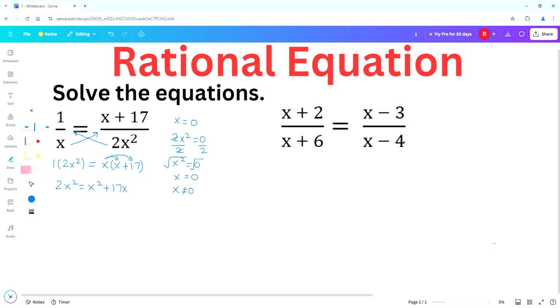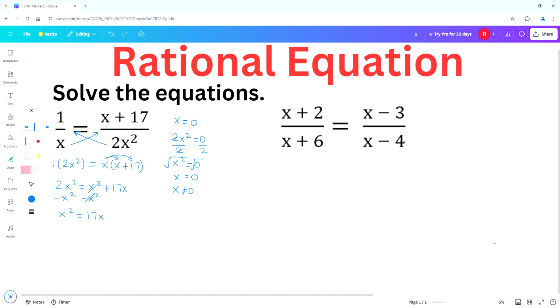Next, we can combine x squared terms by subtracting x squared from both sides. This is a quadratic equation. We can solve it by setting it equal to 0.